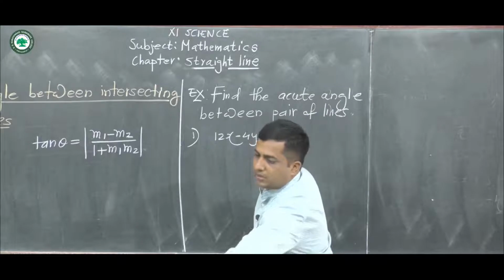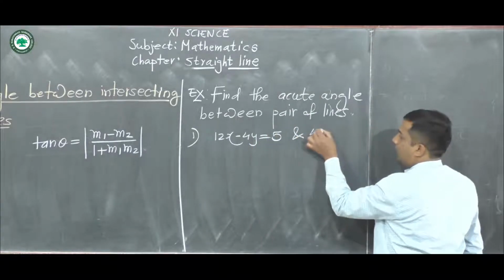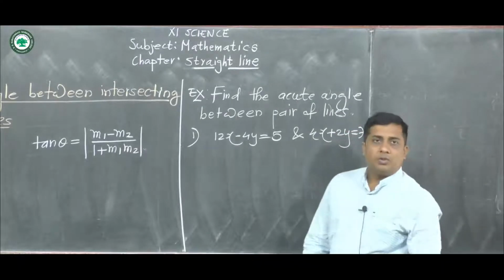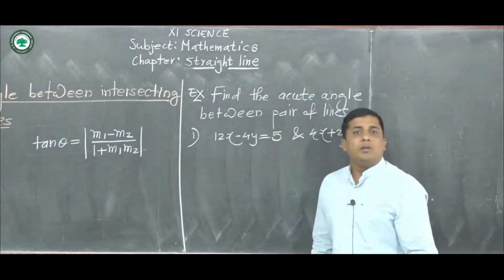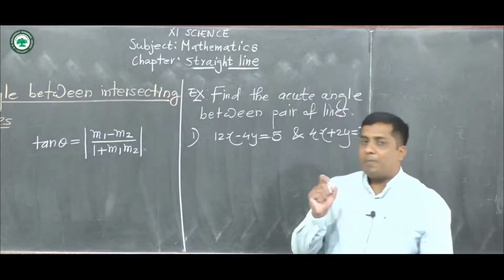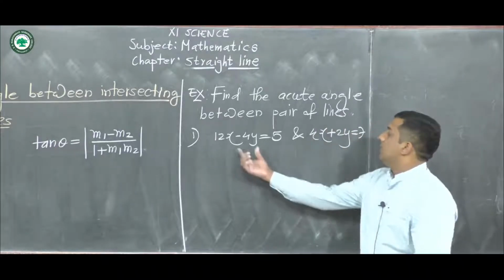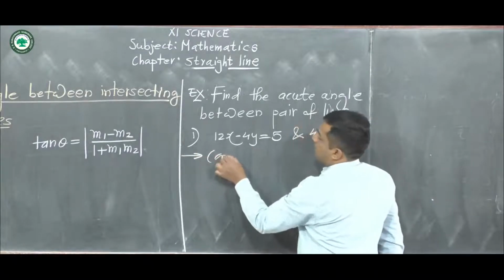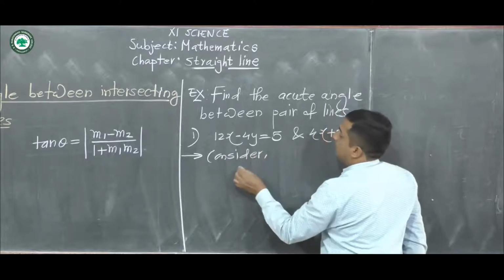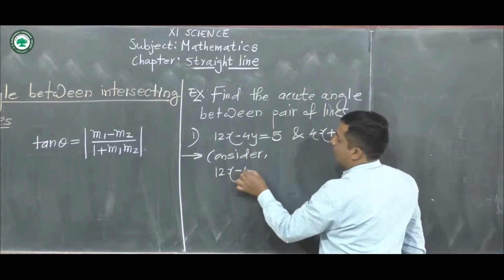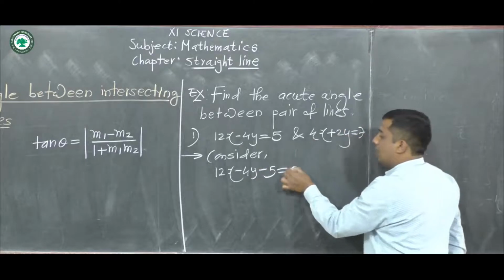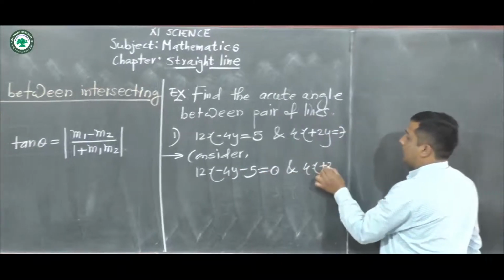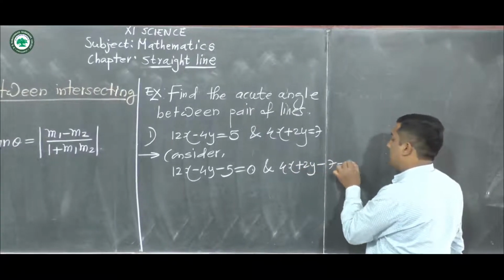Second is 4x plus 2y equal to 7. So here two lines are given. Firstly, remember these two lines should be in the form ax plus by plus c equal to 0. So we consider them separately. Consider the lines: given 12x minus 4y minus 5 is equal to 0, and the second is 4x plus 2y minus 7 equal to 0.